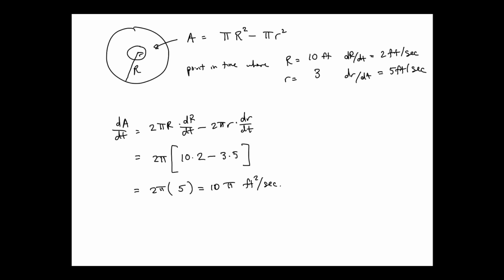So, a number of you did this: you said, all right, let me just figure out the rate at which the outer area, the big circle, is expanding. And you got 20 times 2 pi.